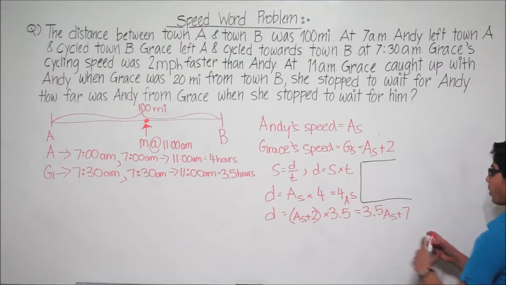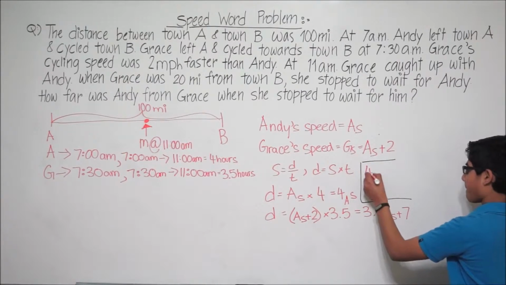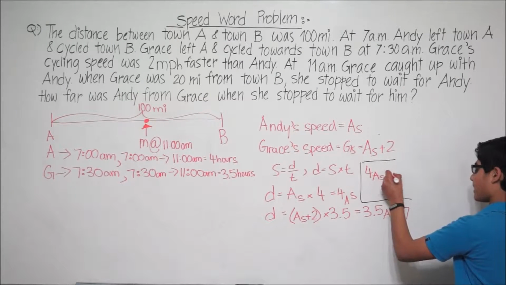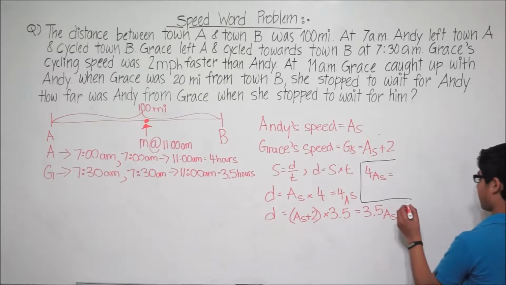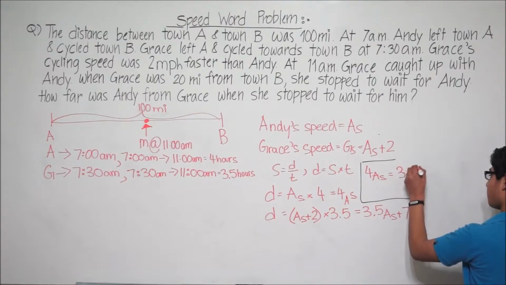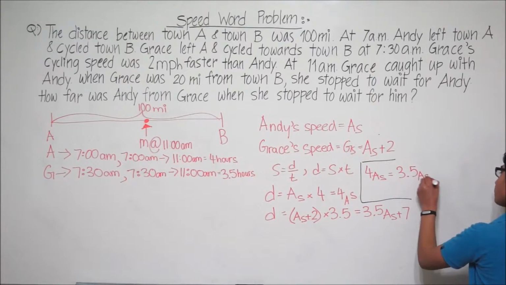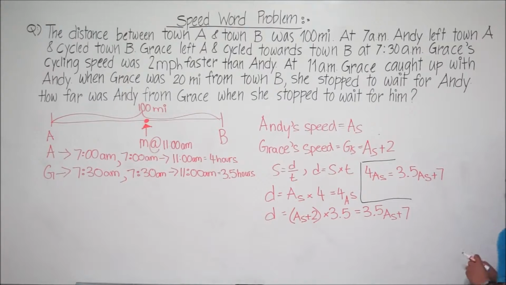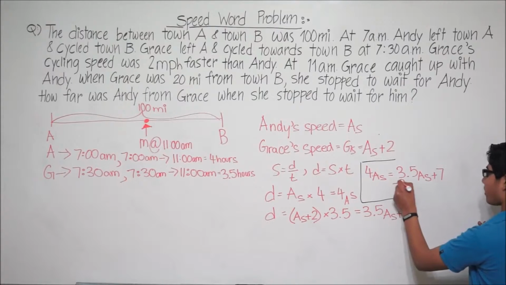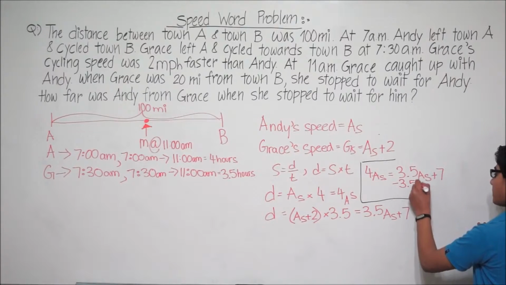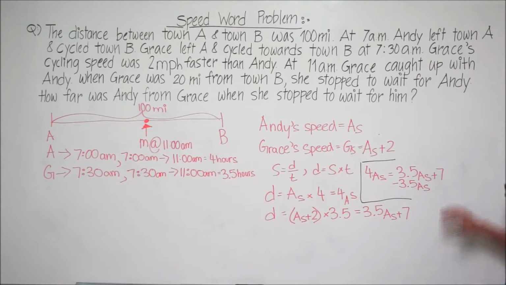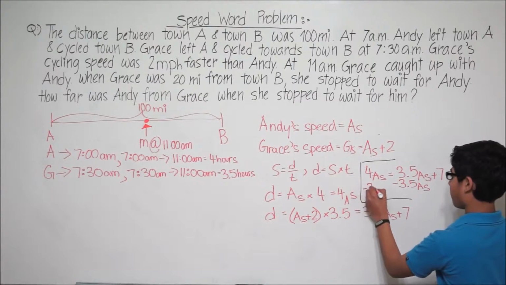So, this means that 4AS is equal to 3.5 AS plus 7. So let's get the variables on one side and the numbers on the other side. So to do that, we have to get rid of 3.5 AS from this side of the equation. So we subtract 3.5 AS from this side of the equation, and we know that whatever we do on one side of the equation, we have to do on the other side of the equation. So minus 3.5 AS.